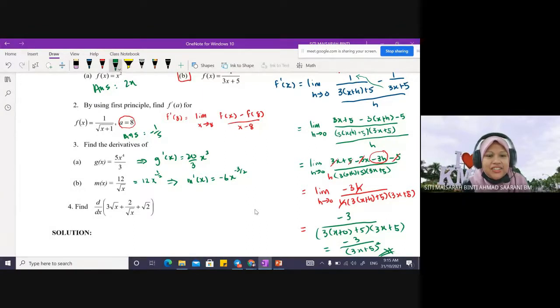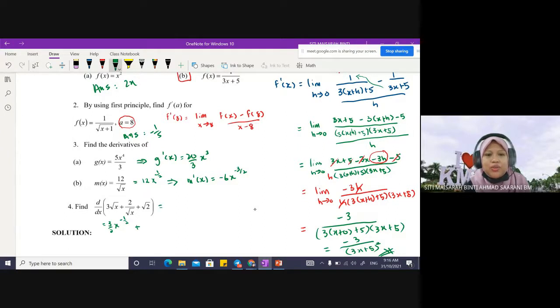Differentiate satu. Okay. Yang pertama dapat 3/2 over square root X, 3/2 X kuasa negatif 1/2. Dan yang kedua dapat, tukar dulu ni.